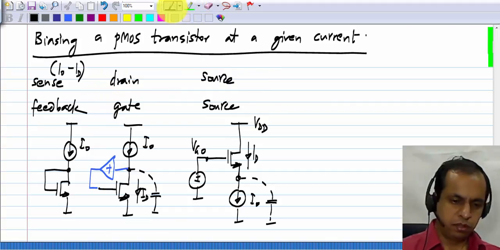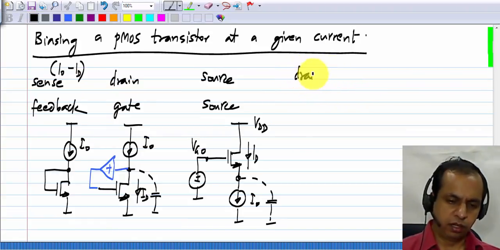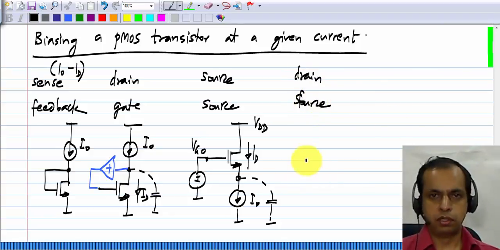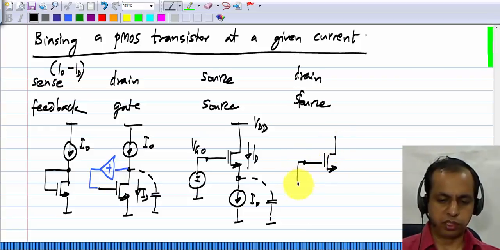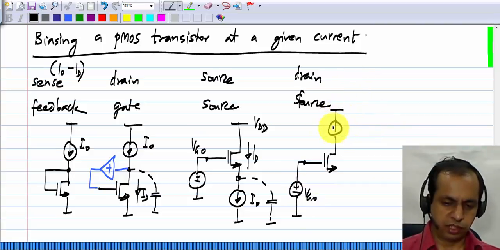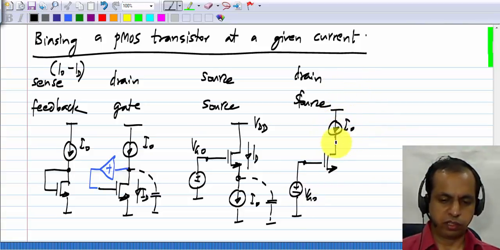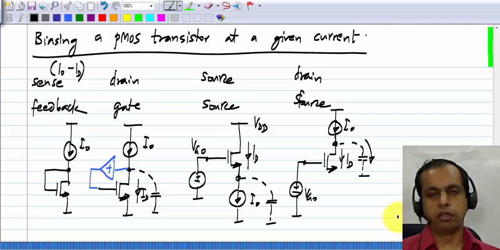The third alternative was to sense at the drain and feed back to the source. Because we are feeding back to the source, the gate is tied to a fixed potential VG0, and to sense at the drain, we connect the current source to the drain, and any difference I0 minus ID will flow into that parasitic capacitor.